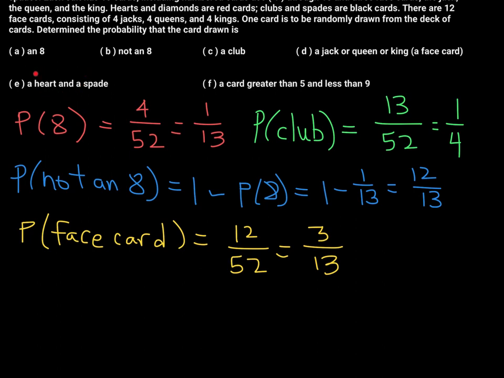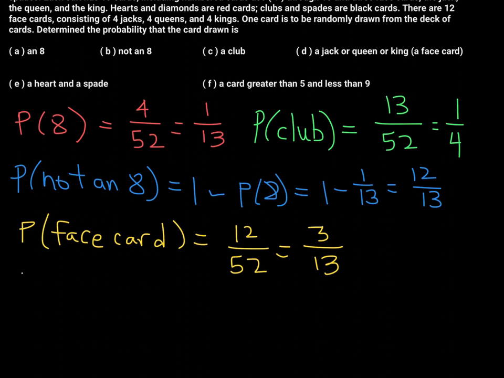All right, cool. Now, what about this one? What's the probability of us choosing a heart and a spade? Wait a minute. Is there such a card? Can you find a card that is both a heart and a spade? No. You're either a heart or a spade or a club or a diamond. In a standard deck of cards, you cannot be a heart and a spade.